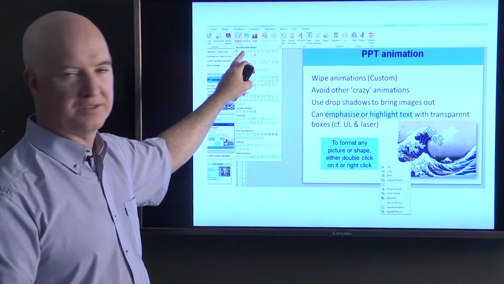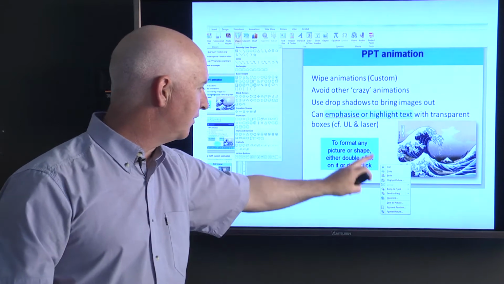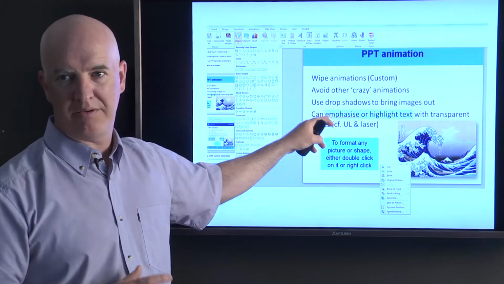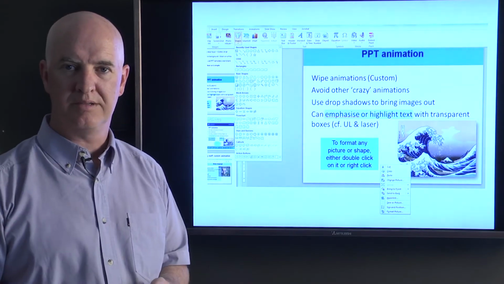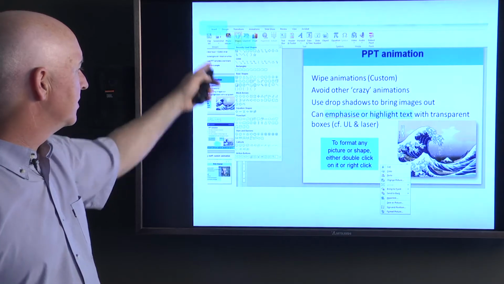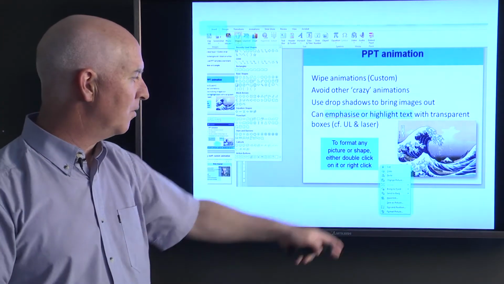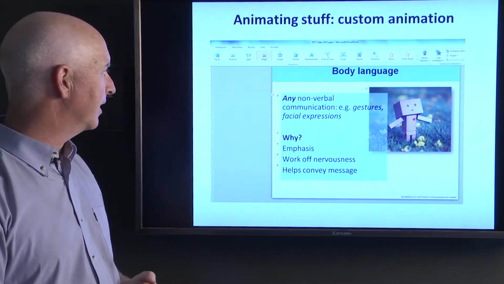Something like this is just simply a square. Okay? You drop it in and you can format the color and the transparency. You can make it semi-transparent so you can overlay it on text, which is a nice feature. So Insert Shapes, and that format is the right click. You right click your picture or image to bring it out.